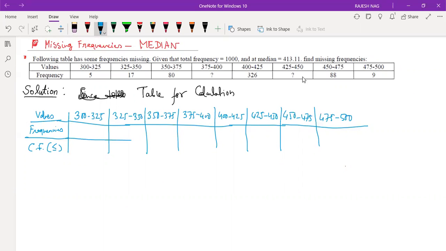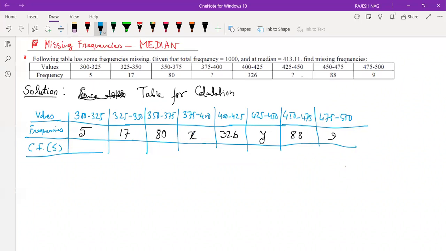And the corresponding frequencies are 5, 17, 80, x, 326, y, 88 and 9.